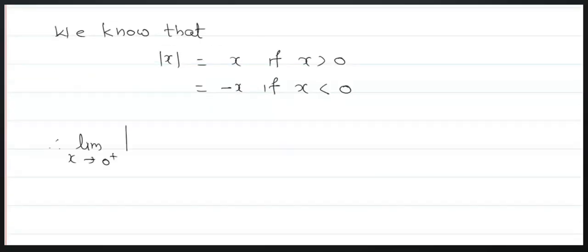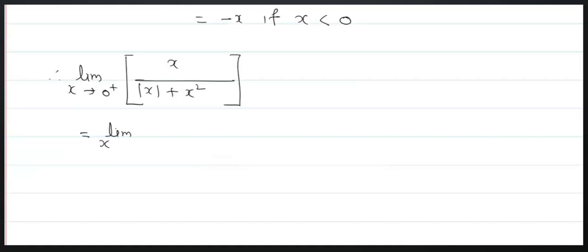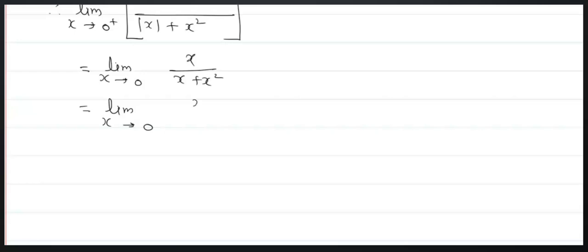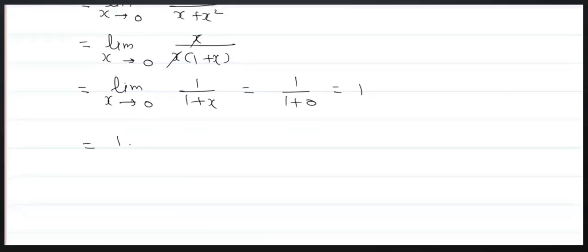Therefore, for the right hand side limit, x tends to 0 plus, mod of x is equal to x. That is the limit x tends to 0 of x upon x plus x square. This x gets cancelled, and you will get that equal to 1.